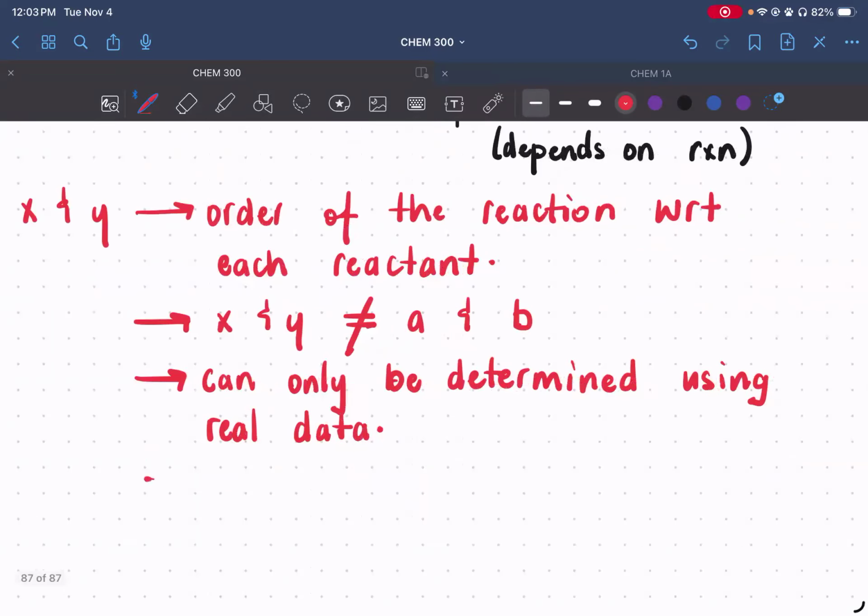The only other thing you need to know about X and Y is that the sum of the orders is the overall order of the reaction.